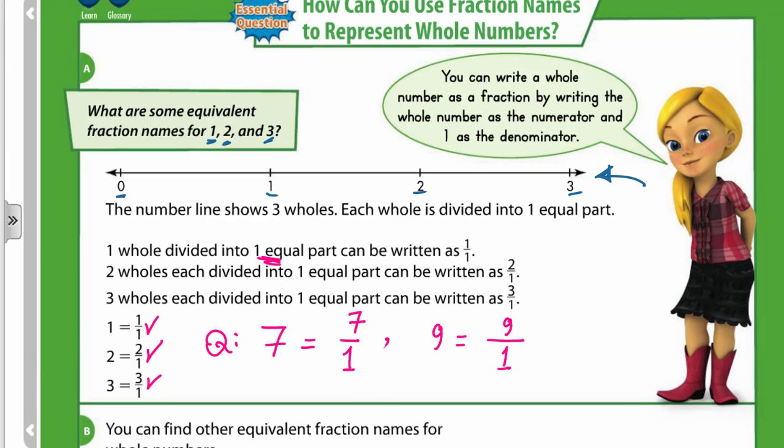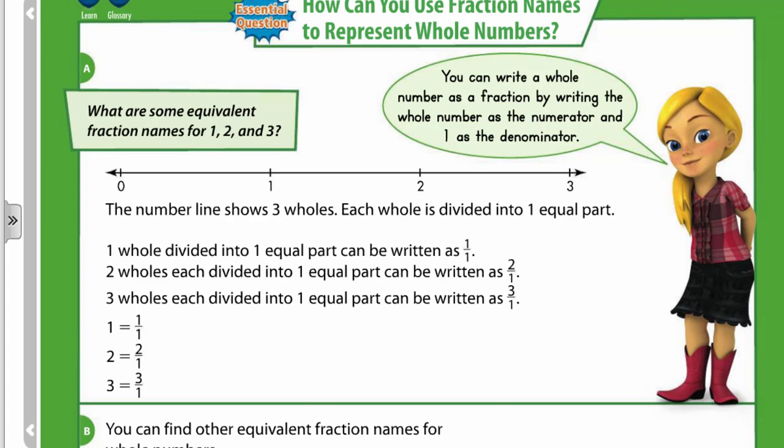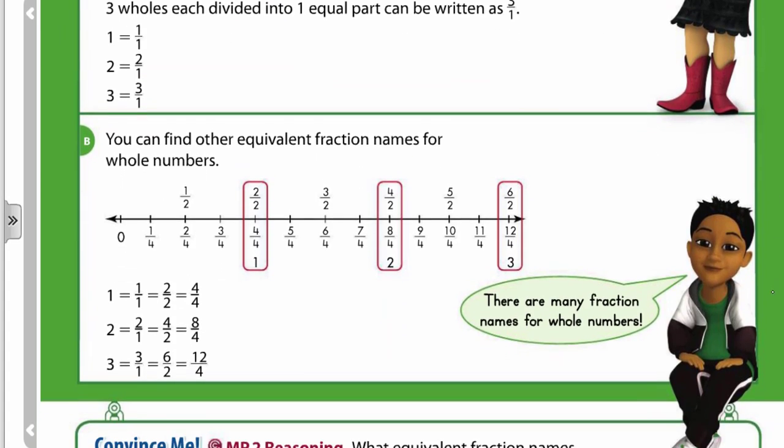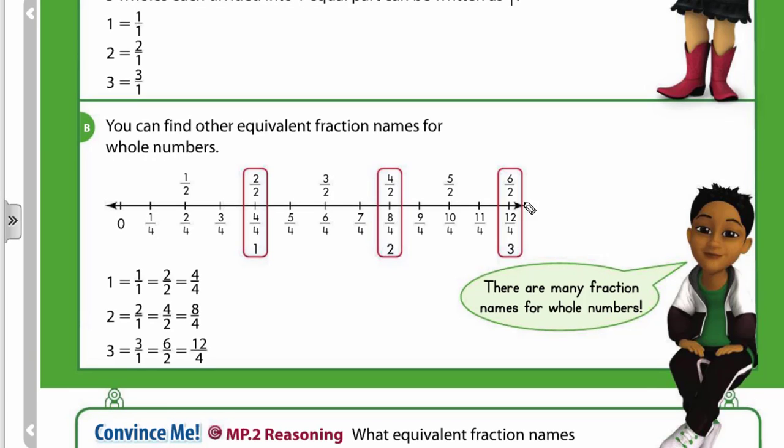Okay, now let's move down to see what else we will learn. Erase this. Sorry. Move down. And we'll start from 0 to 1, if we divide it into two equal parts.